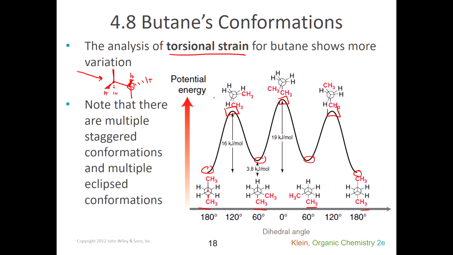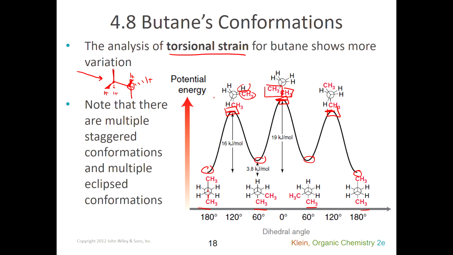If they rotate in such a way where any of their groups are lined up and repelling, that's very unstable. And if they line up the biggest groups with one another on adjacent carbons, that's extra unstable, right? So the potential energy here is higher than these other peaks by 3 kilojoules per mole because of the extra repulsion between those two methyl groups.